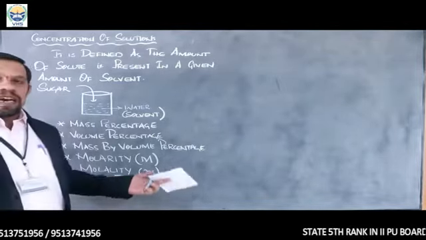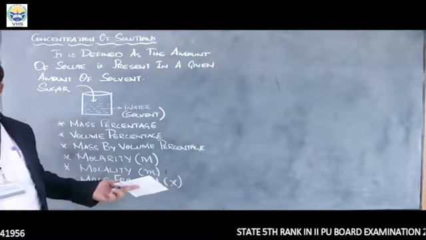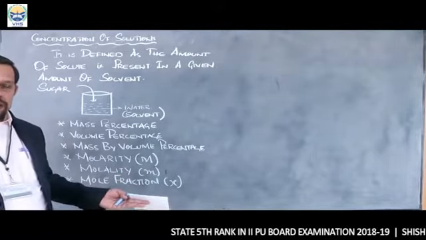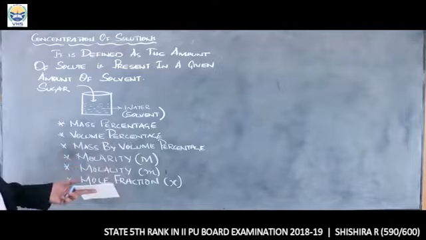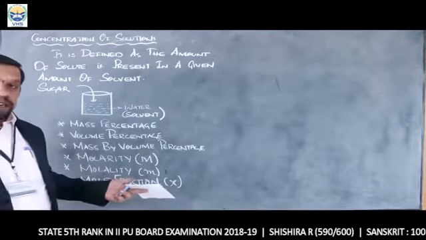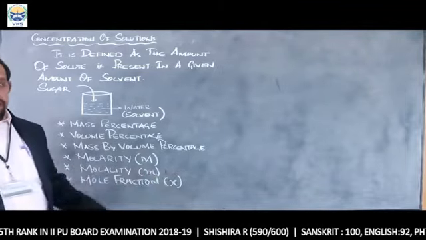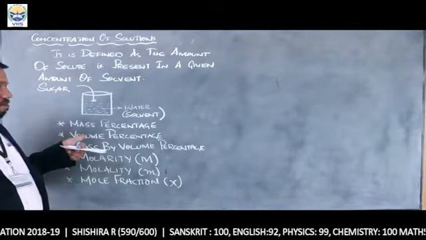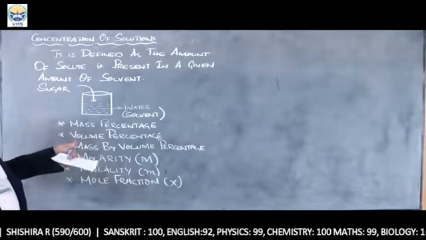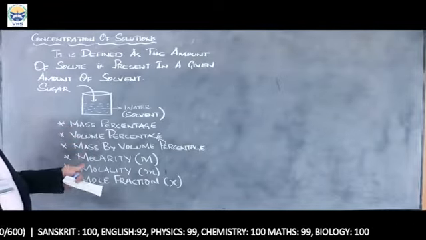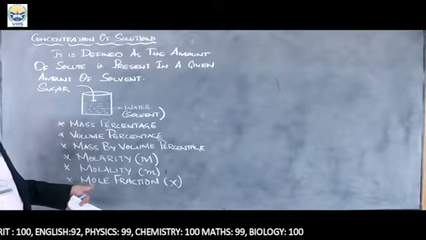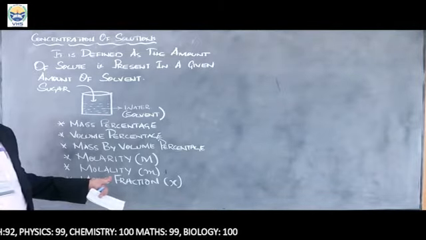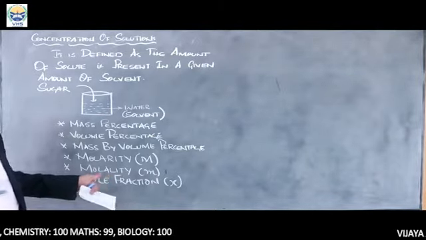Still there are many more like ppm and formality. But if we come across those when we are doing any problems, I'll let you know. So right now in the initial case, I think these much are enough: mass percentage, volume percentage, mass by volume percentage, molarity, and mole fraction. So these all concepts you people should be thorough.